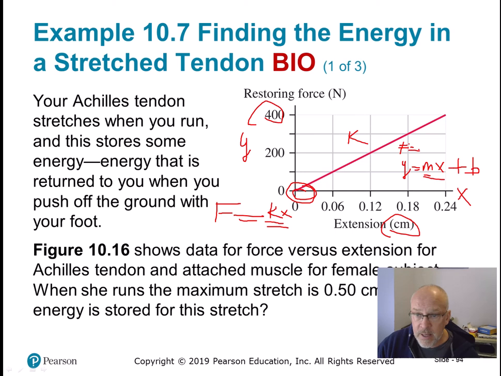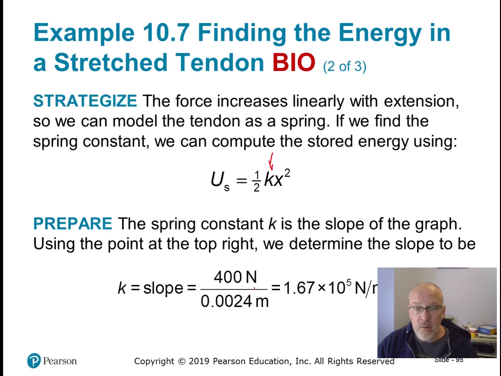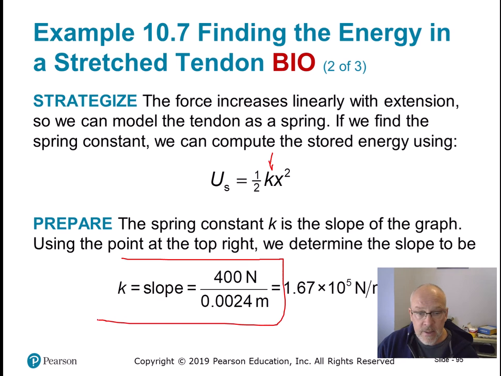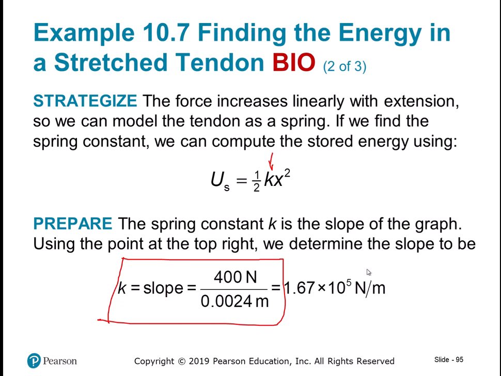And so this is just, remember, F equals Kx. So that's the slope of the line. That's what we're calculating here. We calculate the force divided by that stretch, and that gives us a quantity in newtons per meter, and that's the spring constant. That makes sense if it's force per unit stretch, newtons per meter.